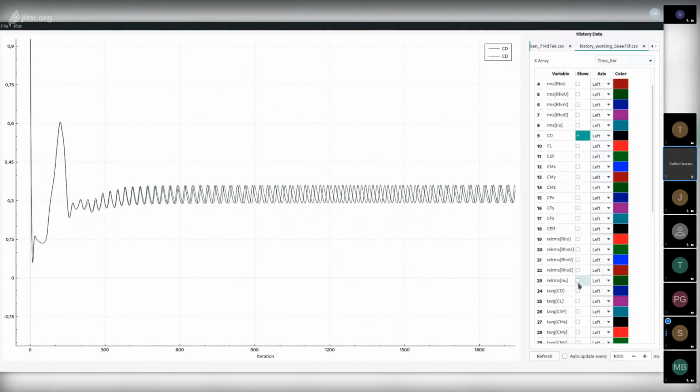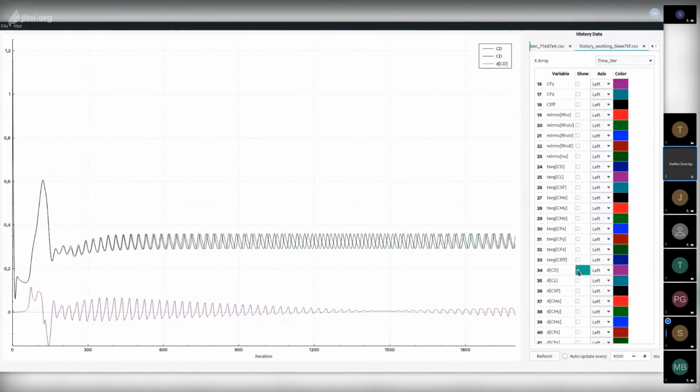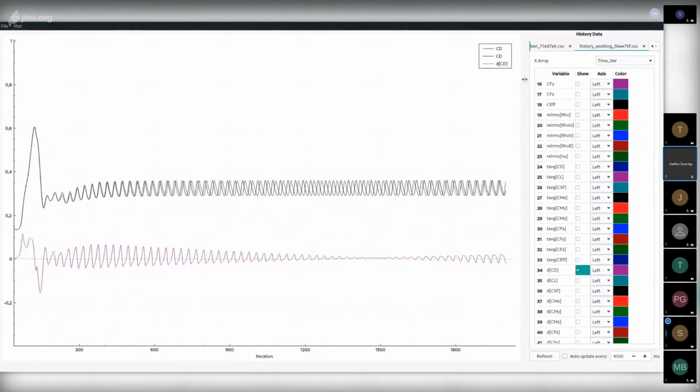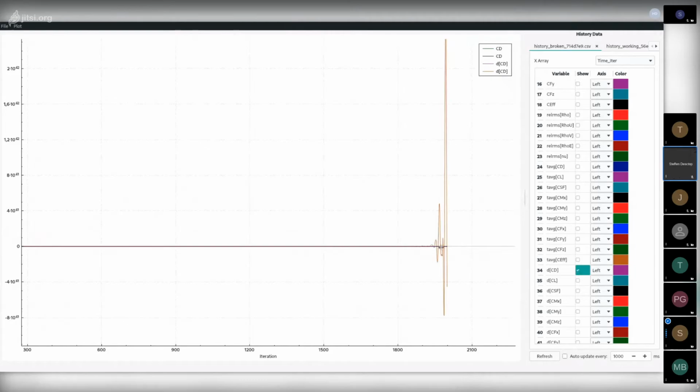Now if we look at the derivative, the sensitivity with respect to one design variable of an FFD box, then we have this behavior for the working test case. And for the newer one, we have an exploding derivative.